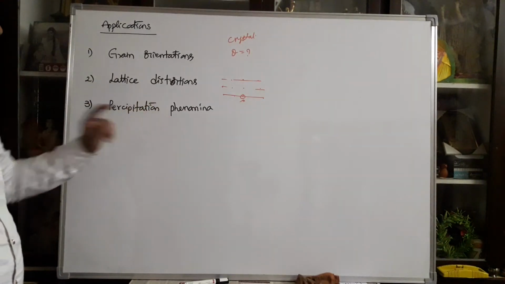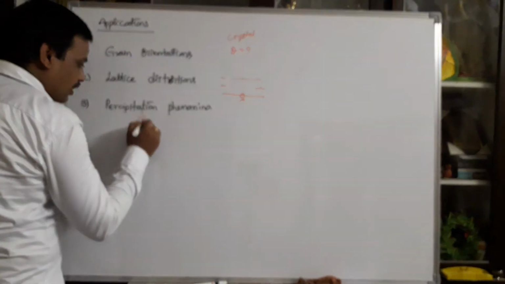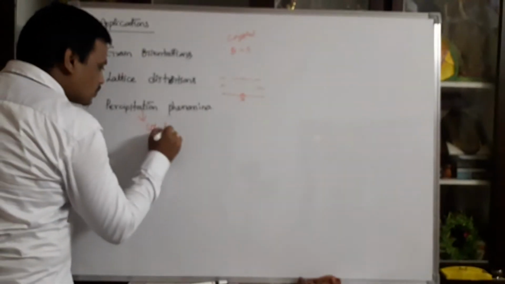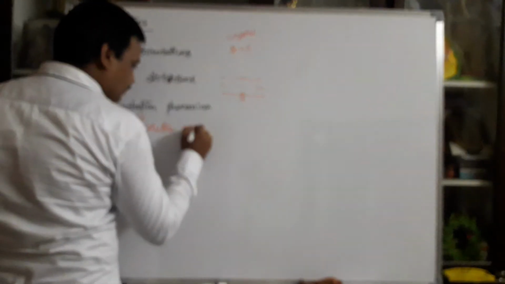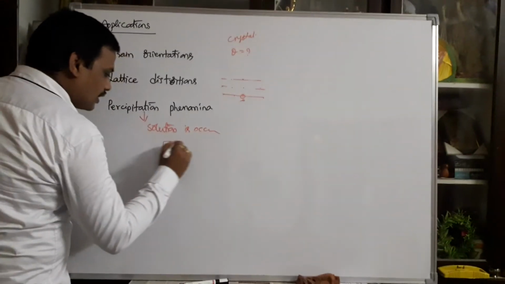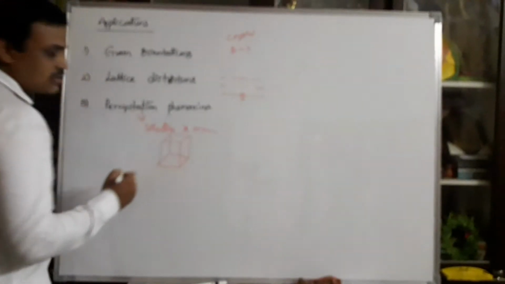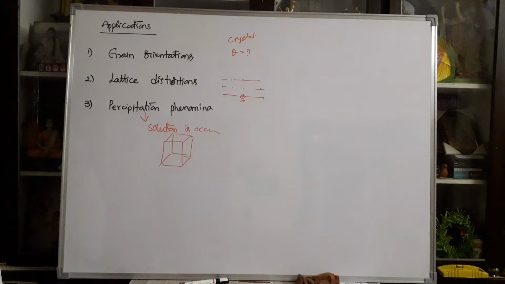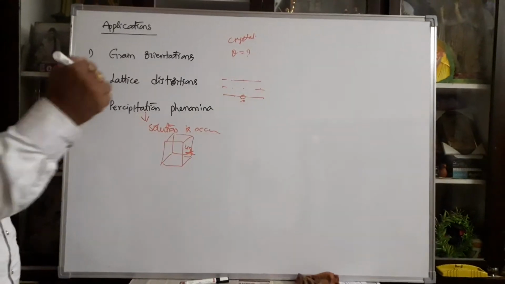And precipitation phenomena. This occurs with respect to a solution. Suppose you take the crystal like this. In this crystal the complete structure is based on the atoms. In the crystal, some unwanted liquid exists inside the crystal.